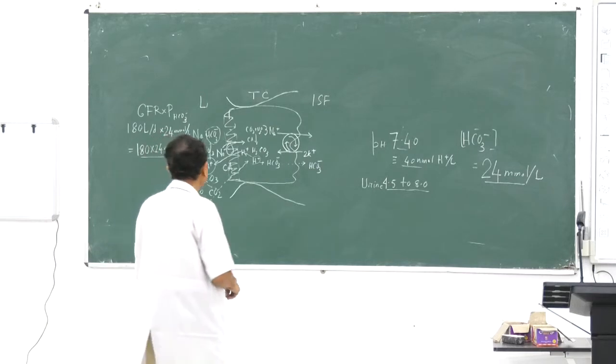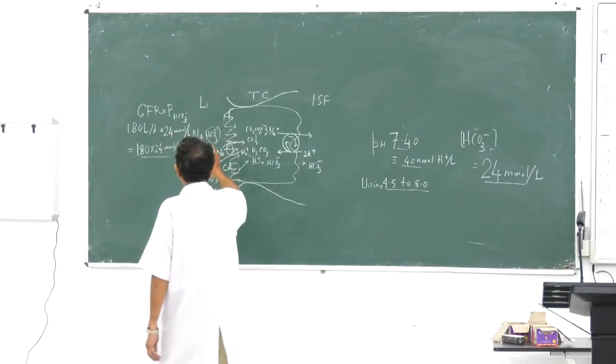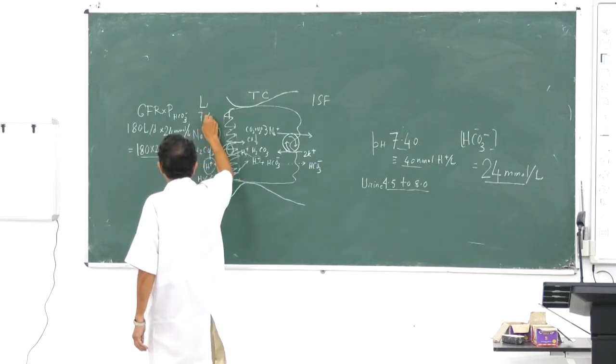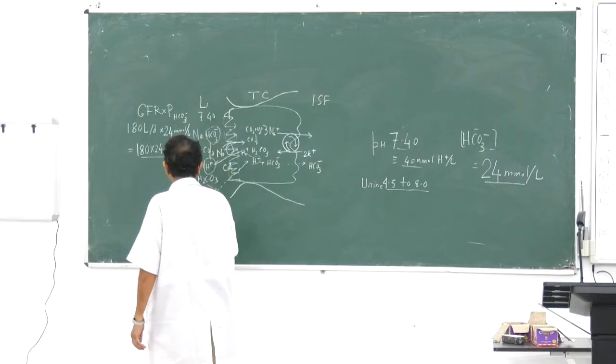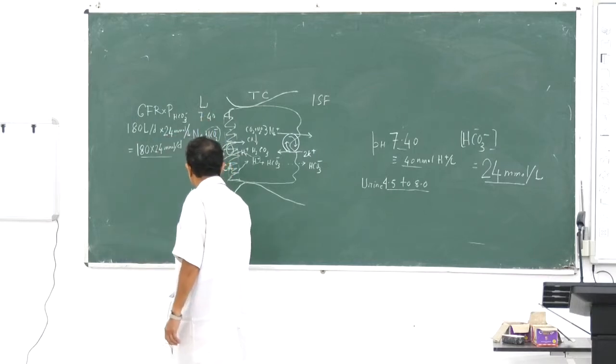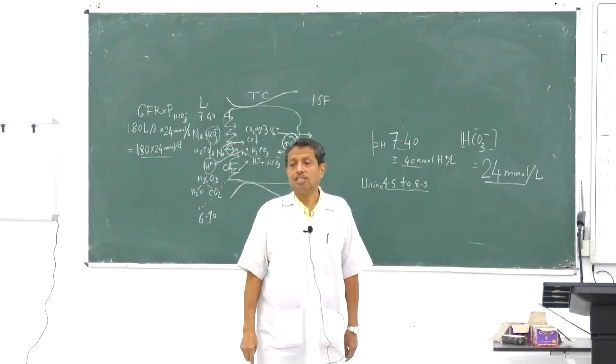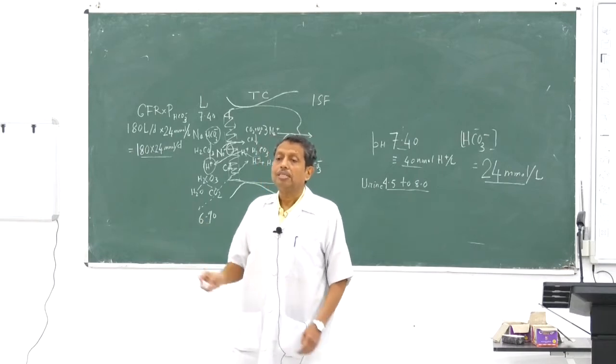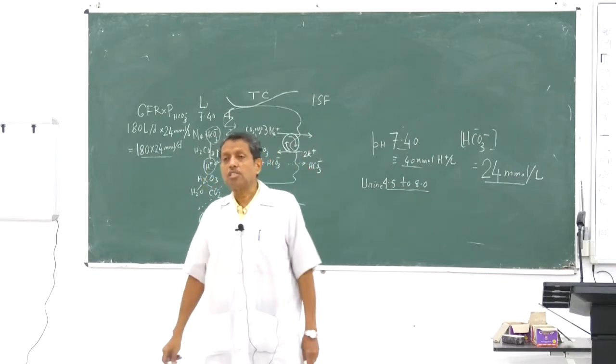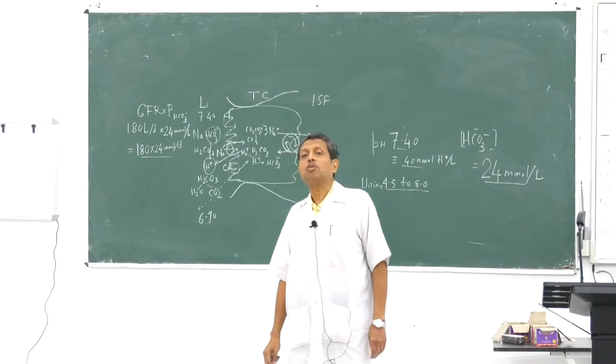At the very beginning of the proximal tubule, suppose it is 7.40, and at the end of the proximal tubule, it is not less than 6.9. Only a modest decrease, and in this process, bicarbonate is reabsorbed.